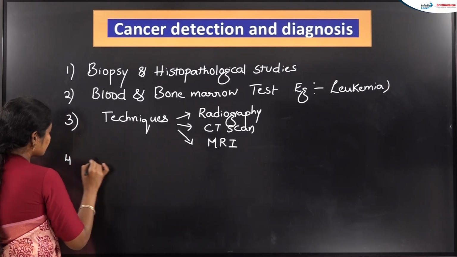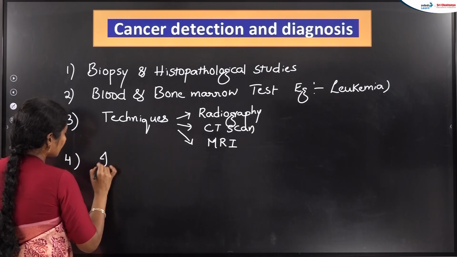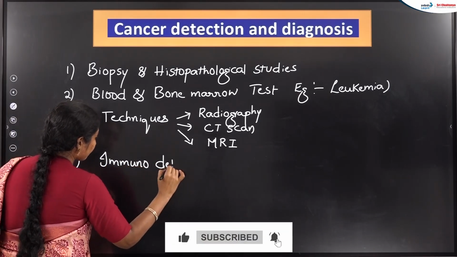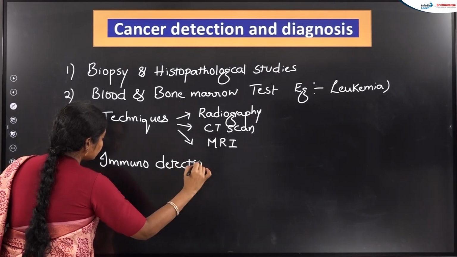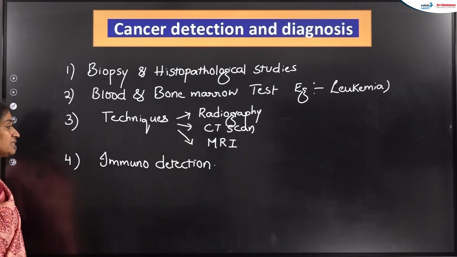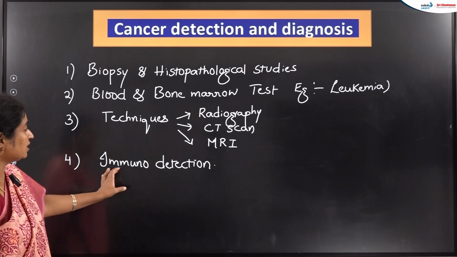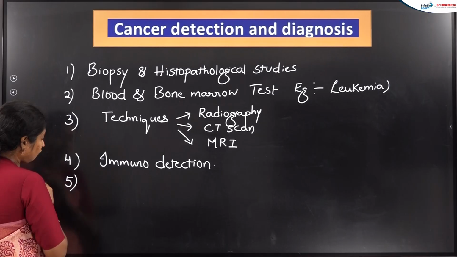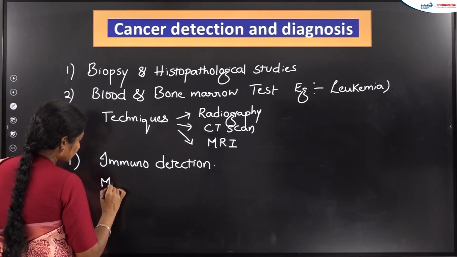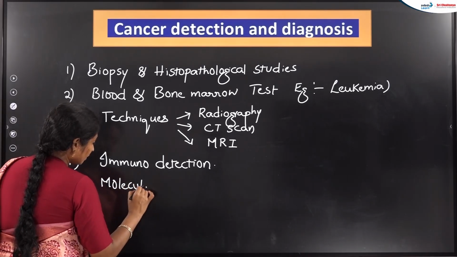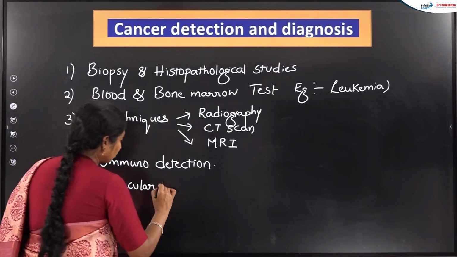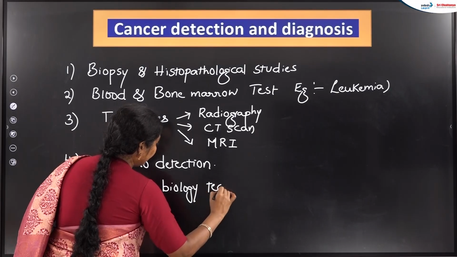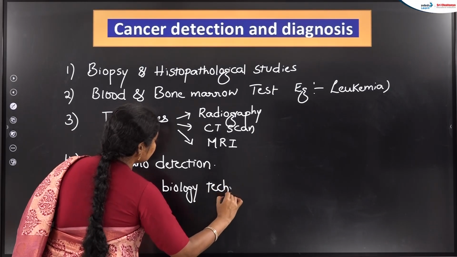Fourth one is immunodetection. Immunodetection means detection of cancer-specific proteins by using antibodies. Fifth one is molecular biology techniques. By using molecular biology techniques also we can detect as well as diagnose the disease.